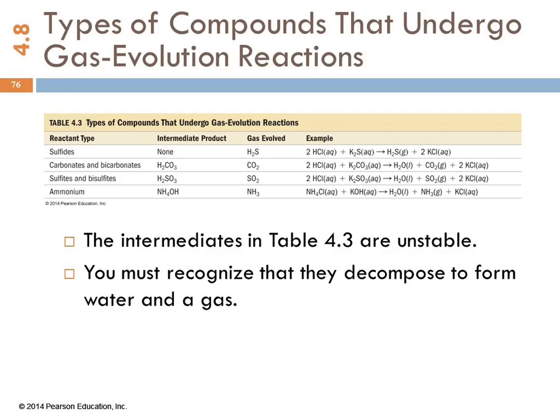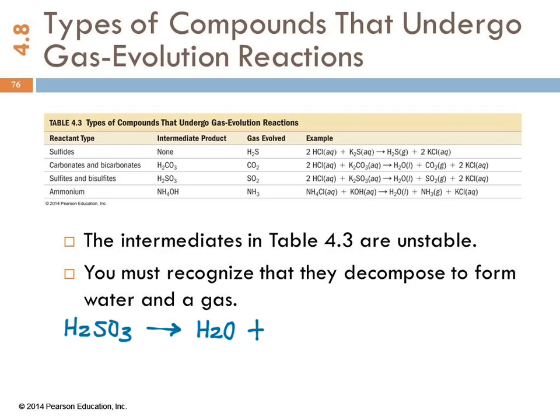And so that can help you remember what gas they produce. So let's write that out down here. If we end up with a product of H2SO3, you have to remember that that's going to decompose. And how it's going to decompose is it's going to lose a water molecule. So that's what you memorize.